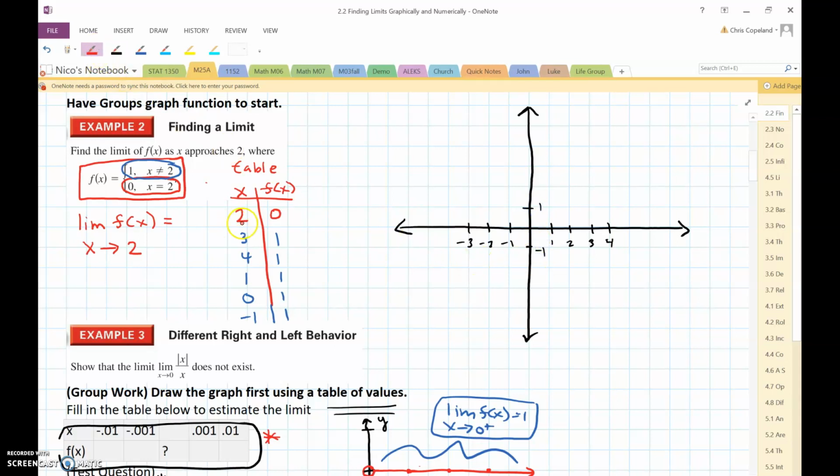Okay, so when x is 2, f of x is 0. When x is 3, f of x is 1. When x is 4, f of x is 1.